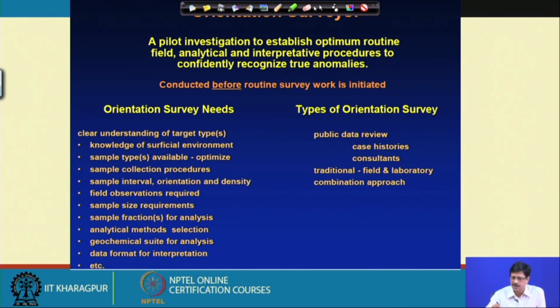So, many exploration programs fail because of such deficiency, where the sampling density or sampling pattern is not appropriate.